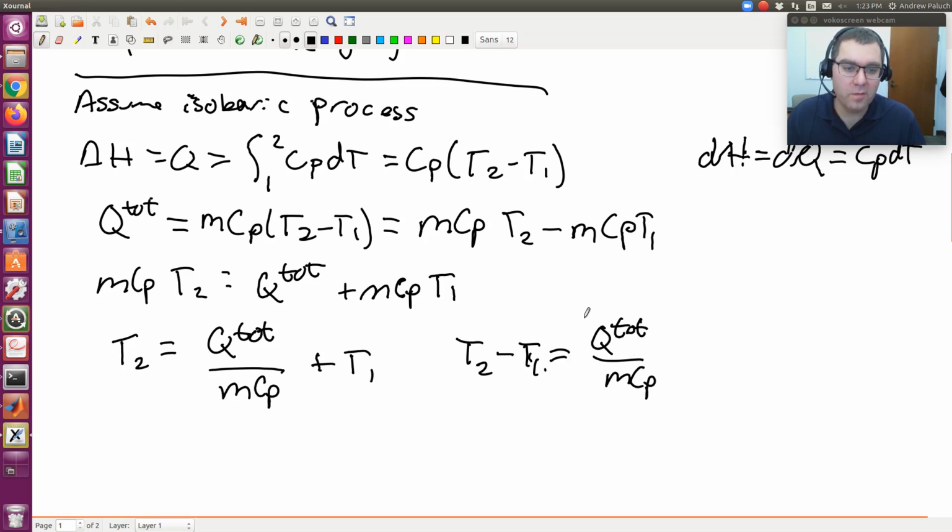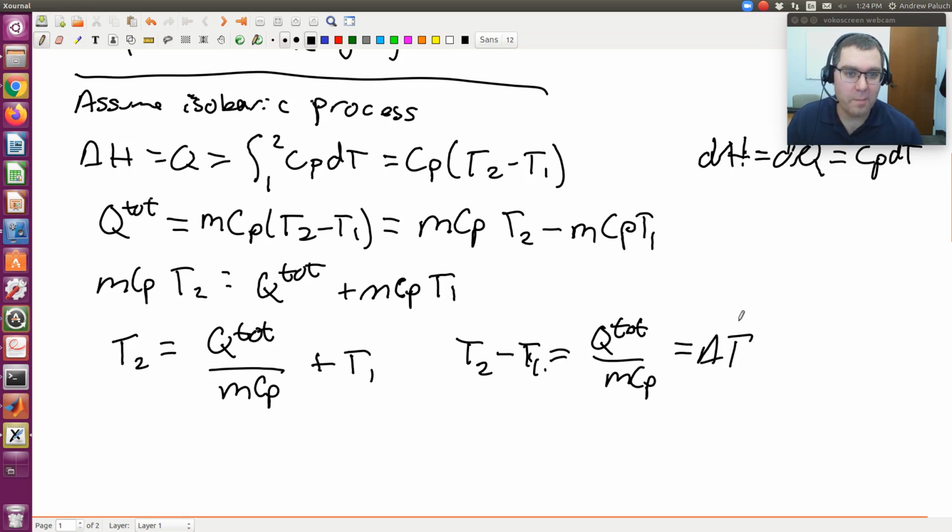Because what we're looking for is, as mass increases, if Q total is constant and Cp is constant, this difference is going to decrease, until the mass goes to infinity, in which case that difference goes to zero. So let me leave it as that so that we can calculate delta T for all three cases.